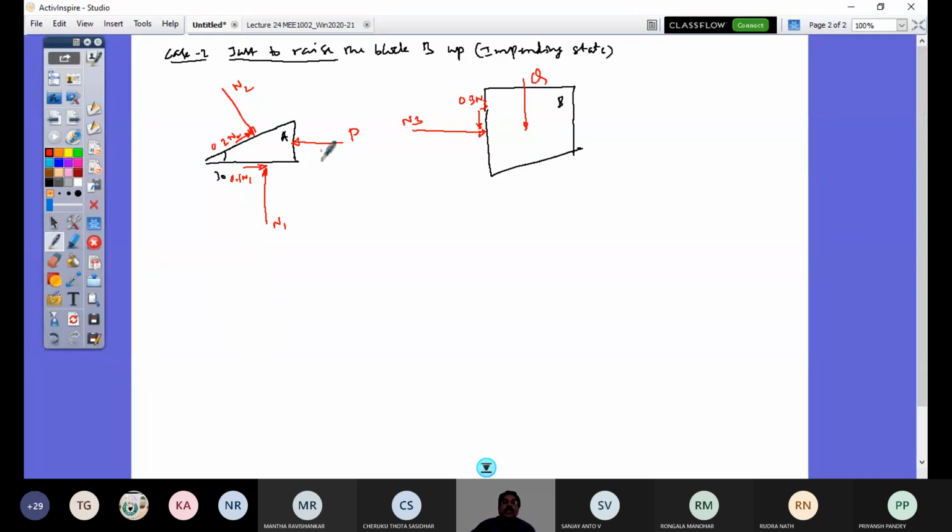So first you have to always start drawing the free body diagram for the wedge. So now it will be just reversed. So the direction of friction here is 0.2 N2 and this would be N2, right? So now I can again combine them. So this is going to be R3 and this, if I combine, is going to be R2.